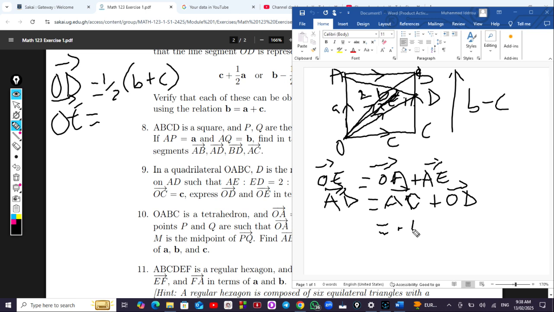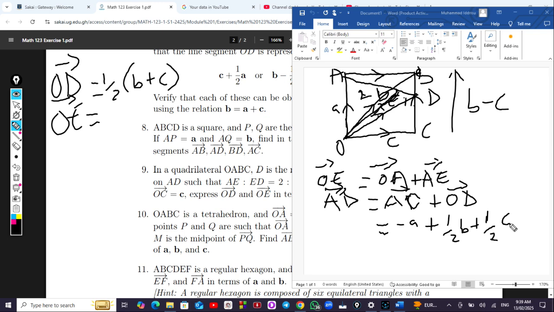So negative A plus OD. We found OD to be half B plus half C. So this is the value of our AD.